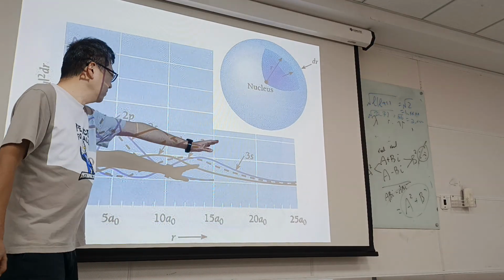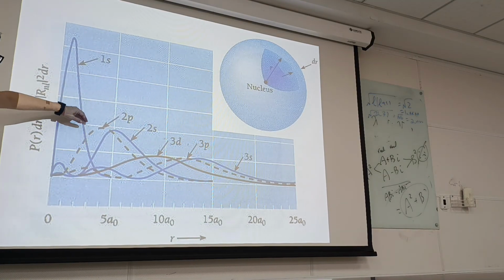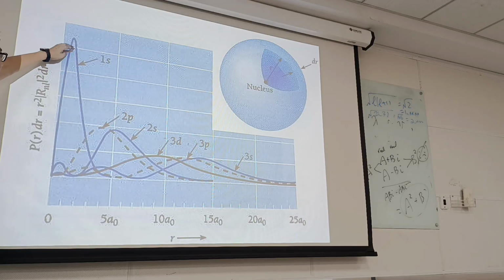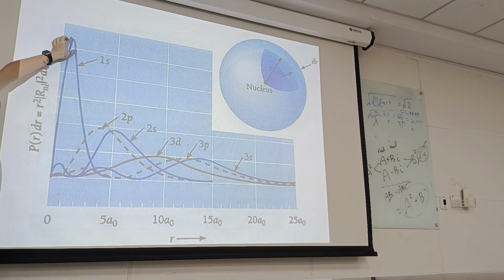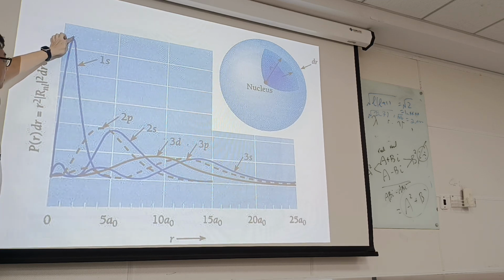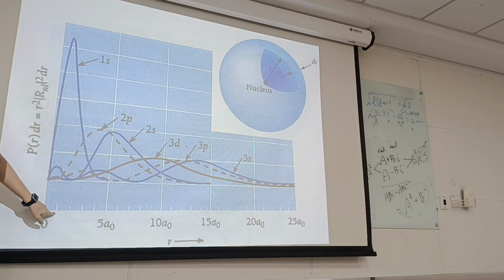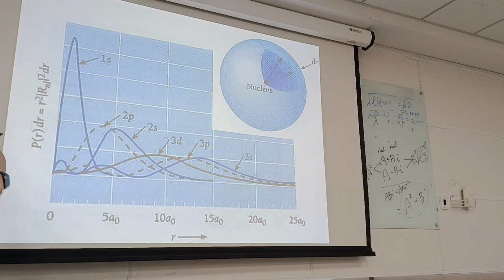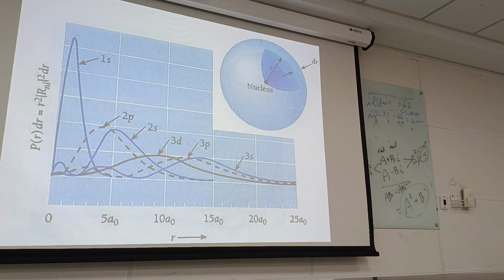But if the distance becomes smaller, the probability becomes higher and higher. Where is the highest point, or at what position can we find the 1s electron most often? It will be a naught. So we know what a naught means: 0.53 angstrom.